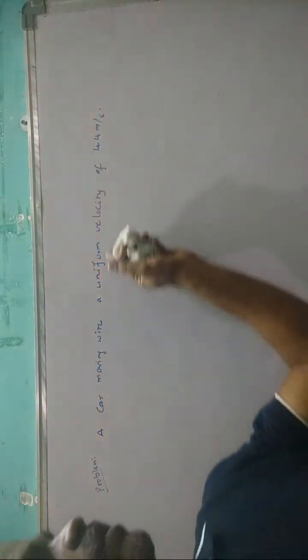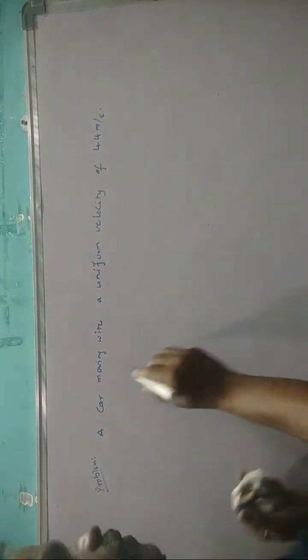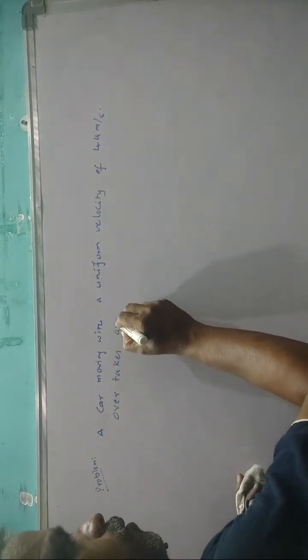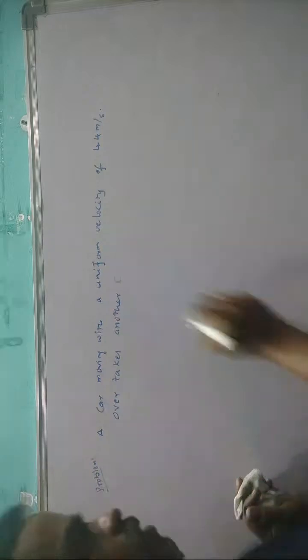A car moving with a uniform velocity of 44 meter per second overtakes another car.